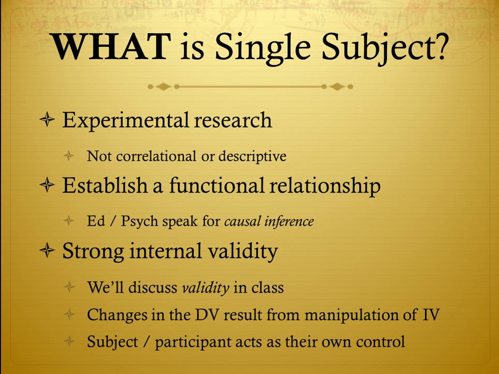Single subject research, again, when it's done correctly, has strong internal validity. And validity is a very large and important concept in statistics, which you will learn more about as the course progresses. The internal validity is established by controlling the dependent variable, that's the outcome variable, by manipulating the independent variable.